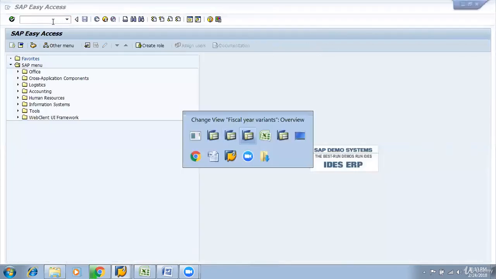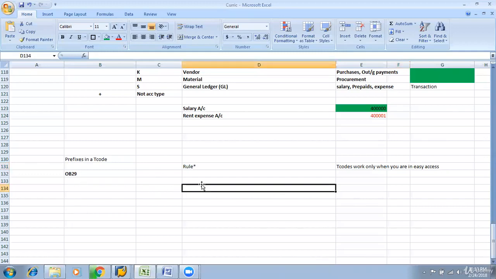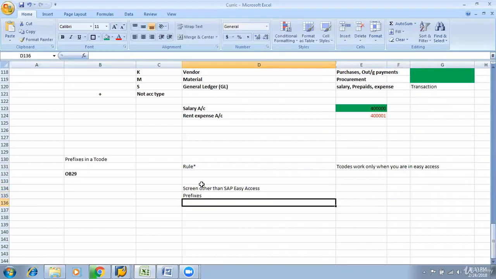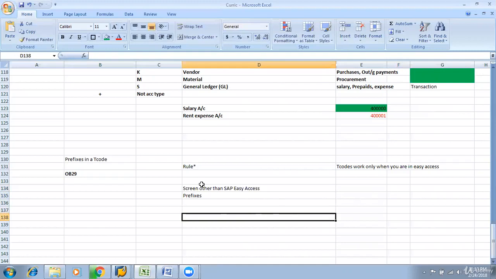When you are on other screens, for example, I'm on a screen other than SAP Easy Access, what T code should I use? How do I use OB29? I need to use some prefixes to let the T code work. It's like a patch kind of thing. There are two prefixes basically.